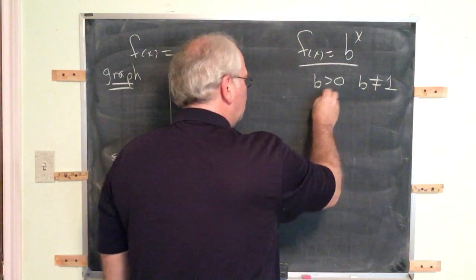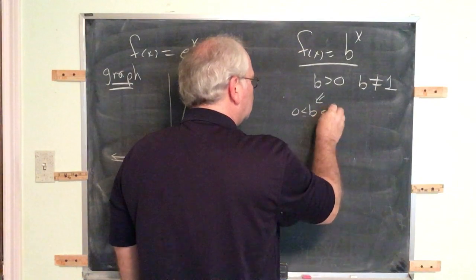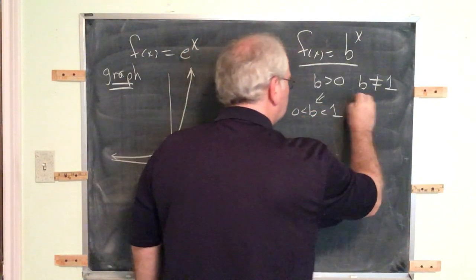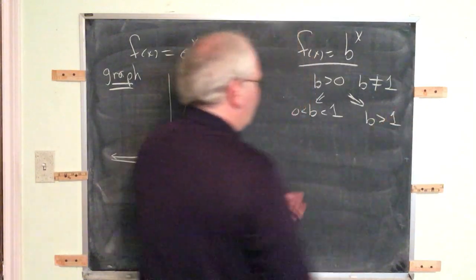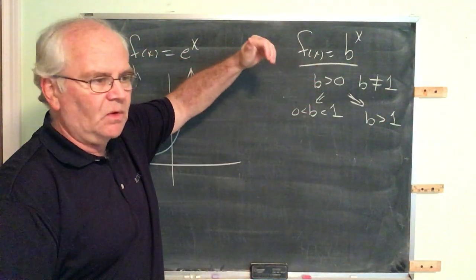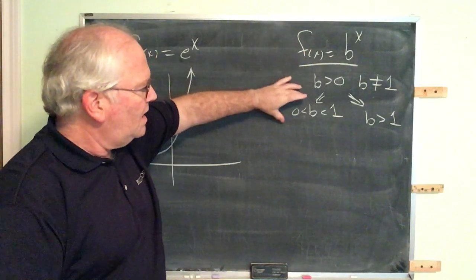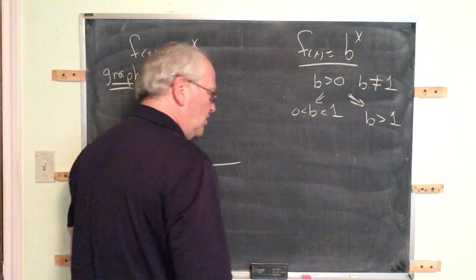Now that falls into two categories. The base could be a number between 0 and 1, like 1/2, or a decimal like 0.4, or the base could be a number bigger than 1.